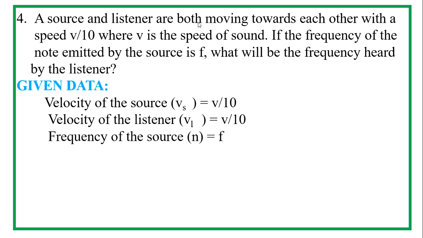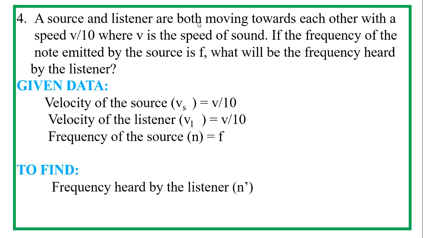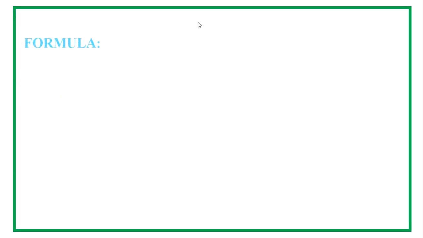Given data: velocity of the source Vs is equal to V by 10 and velocity of the listener is V by 10, because both are moving towards each other with the same speed. So V by 10 and V by 10. Now the frequency of the source n is equal to F. We have to find the frequency heard by the listener.